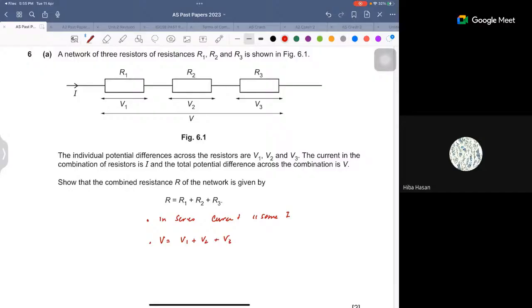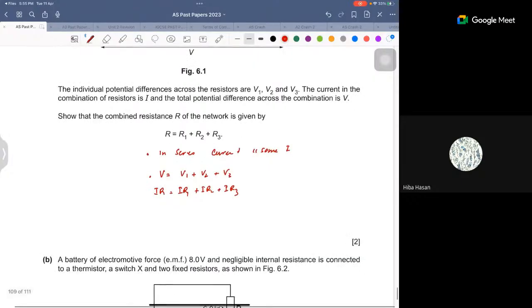Voltages are added up because they're divided. Then this will be I total R equals I R1 plus I R2 plus I R3. I is common in all of them, so you can just cancel it out, and you get I times R1 plus R2 plus R3. So this is what you need to do.